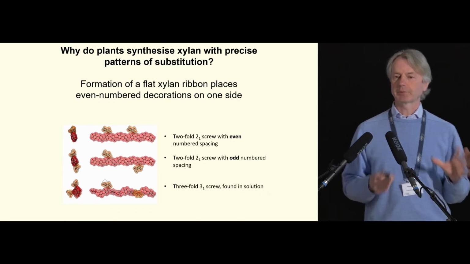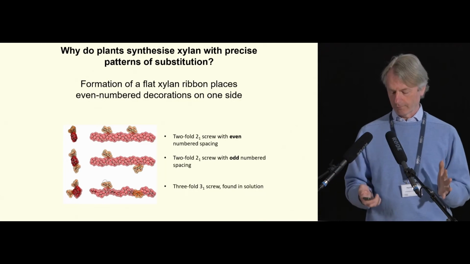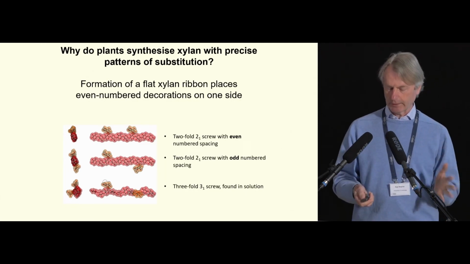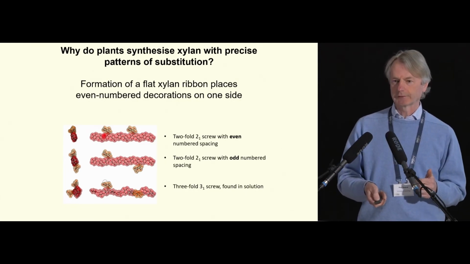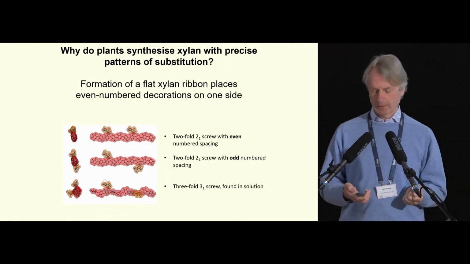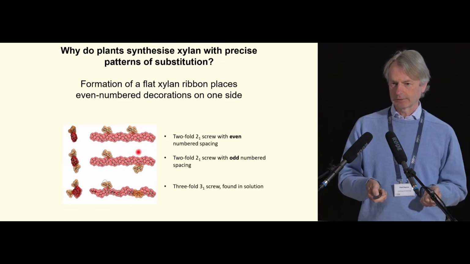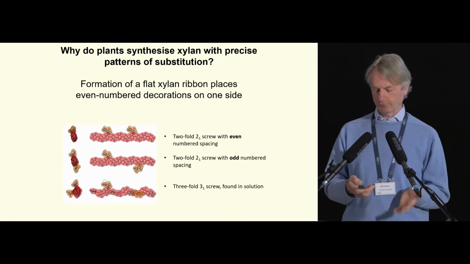This could have implications for how the xylan interacts with other molecules in the wall. We also find that in solution, the xylan is a 3-fold screw. So this shape of xylan is not the default state.